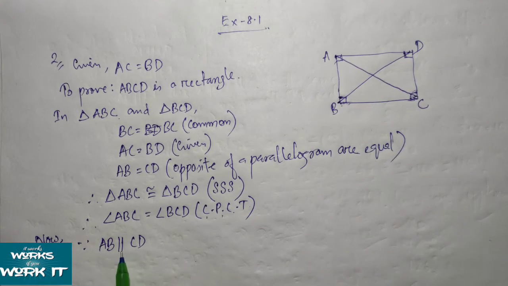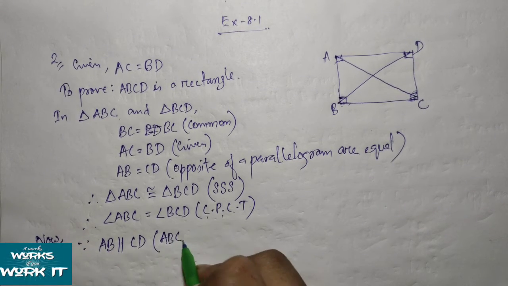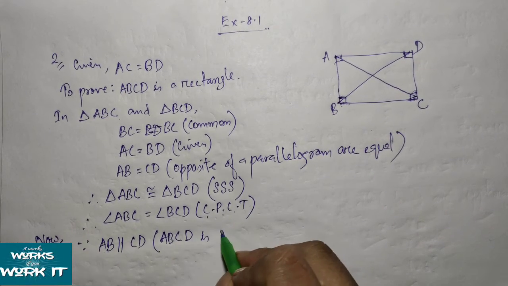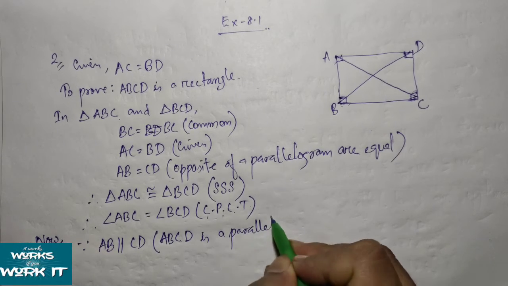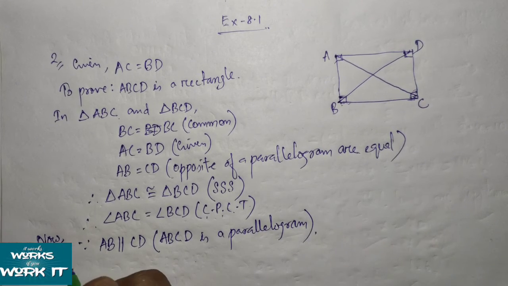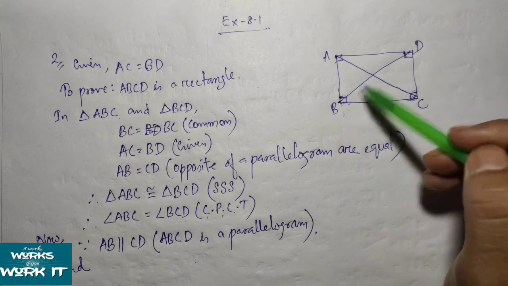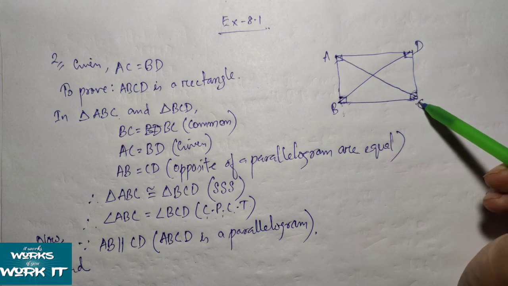So AB is parallel to CD, and in ABCD, AB and CD are parallel.